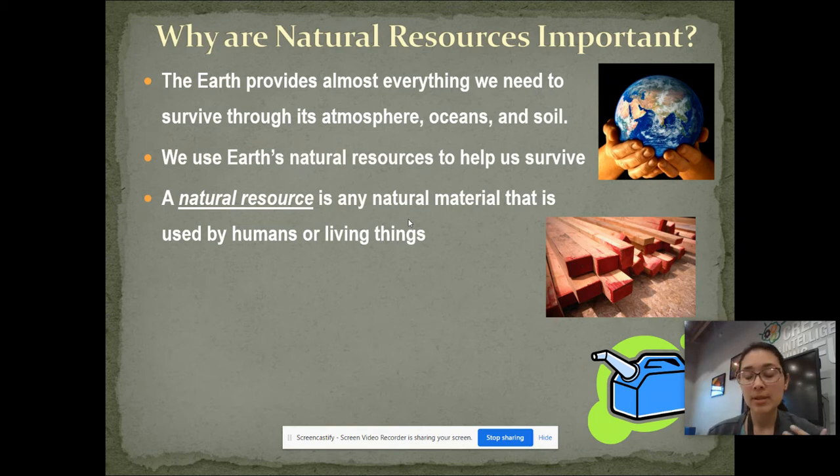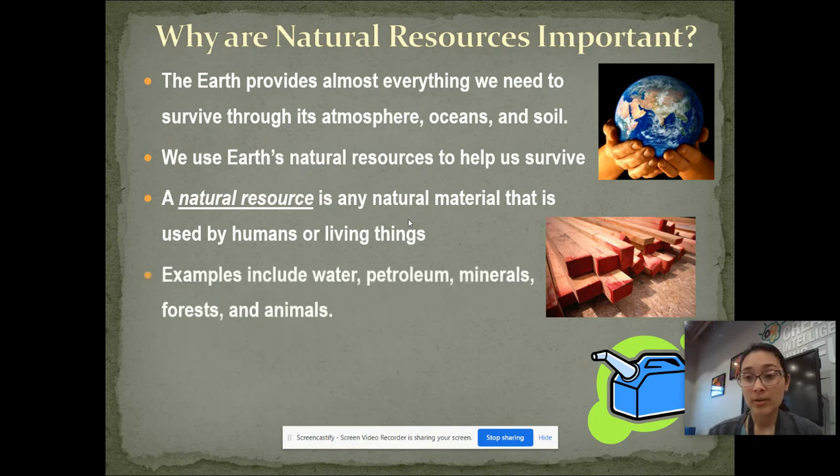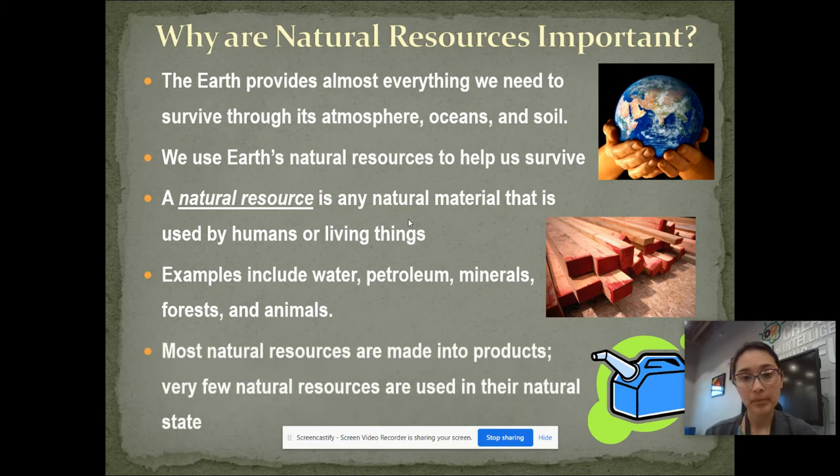Those are the things that we use from the earth to help us survive, like water, petroleum, minerals, trees, animals. Most of our natural resources are made into products like plastic or wood that we use for tables, things that we use, as well as, of course, energy.